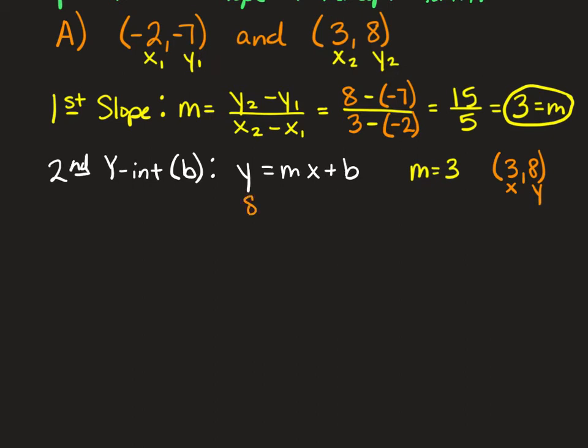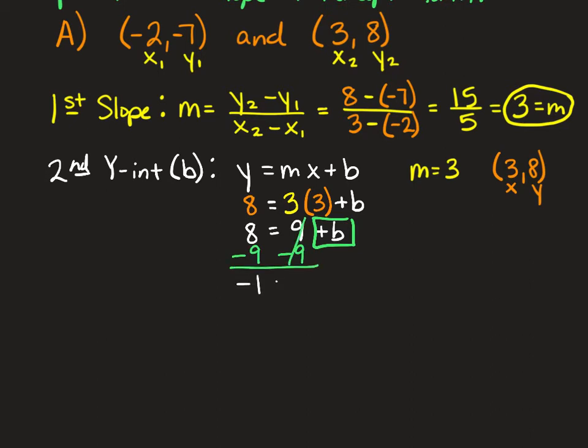And then we can plug these in. y is 8 equal m is 3, x is 3, plus b, and that's our unknown. We don't know what b is. So now we simplify. 8 equal 3 times 3 is 9 plus b. To get b by itself, I'm going to subtract 9 from both sides to solve for b.